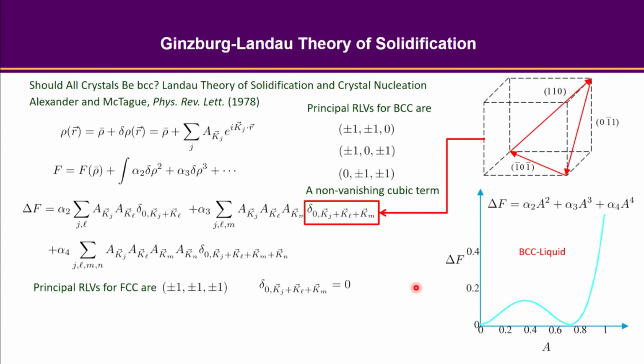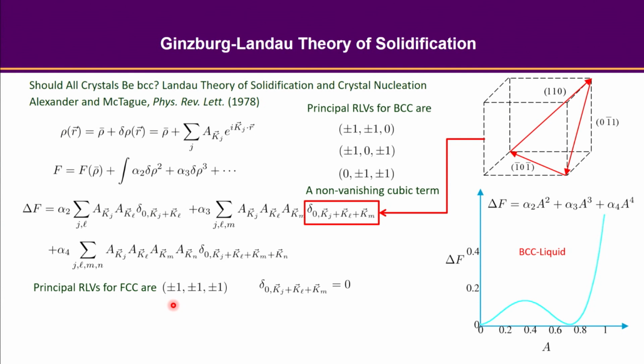But clearly for FCC, the principal reciprocal lattice vectors are the ±1 combinations. So there is no way you can take three of these vectors and sum them up to equal 0. Because just looking at, for example, the x component, you always have either 1 or -1, right?